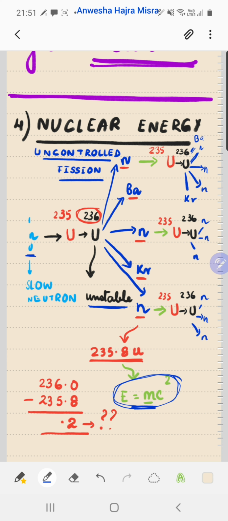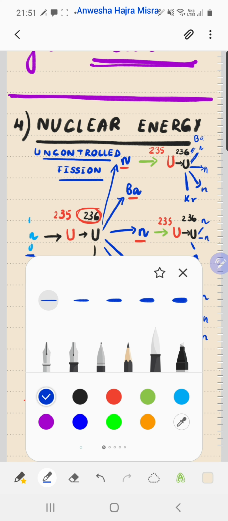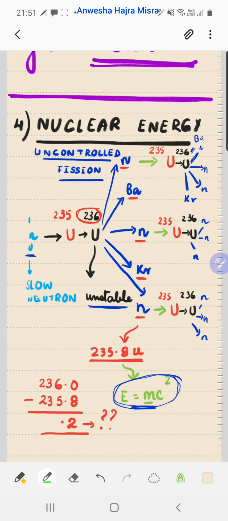Now what did Einstein want to do? Einstein said that one neutron will give 3 neutrons with the release of energy. Now, let us use cadmium rods.